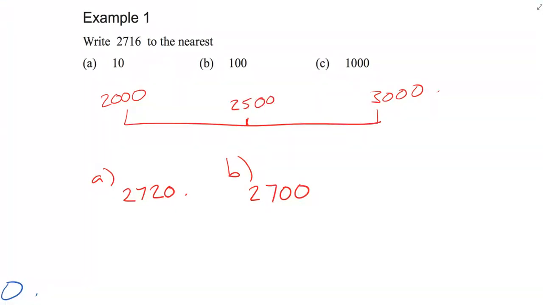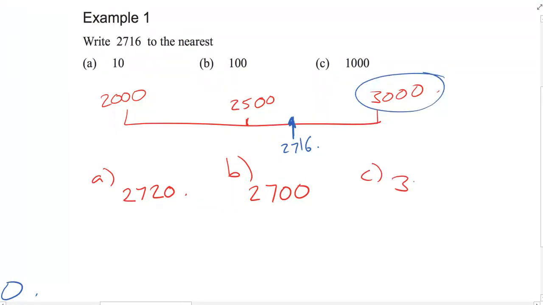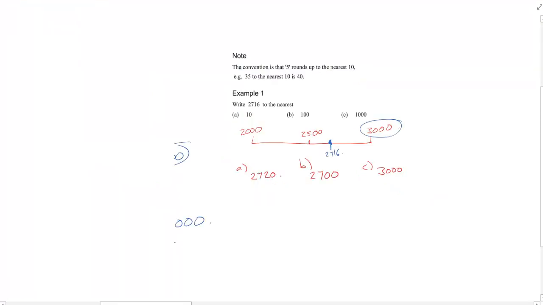And that means that 2,716 is going to be somewhere here, isn't it? So clearly we are rounding to the nearest 1,000. We're nearest to 3,000. So C, our answer is 3,000.